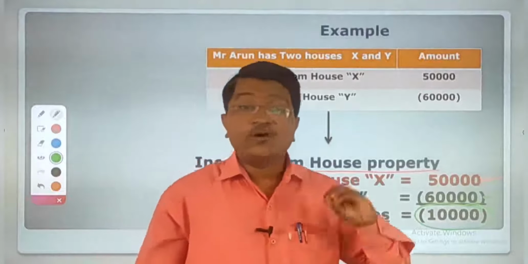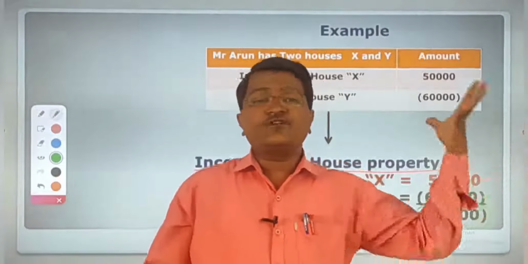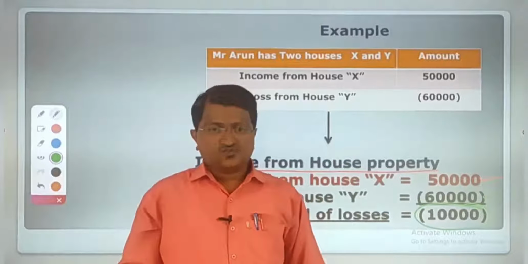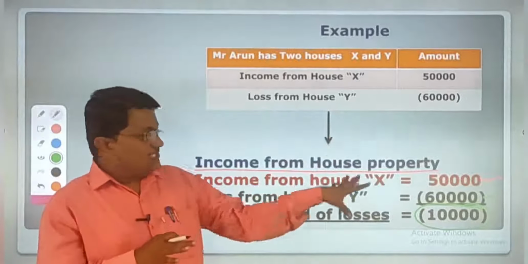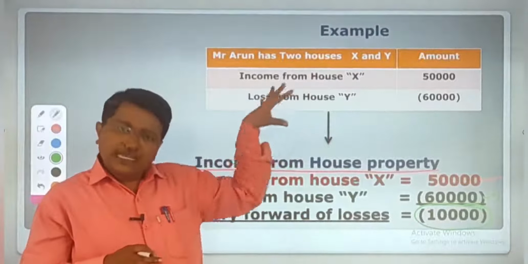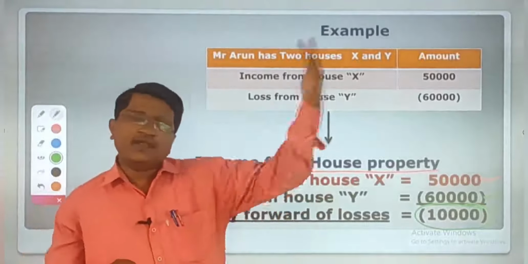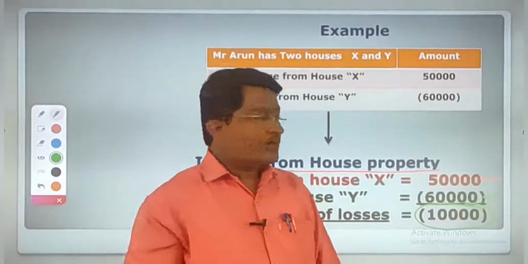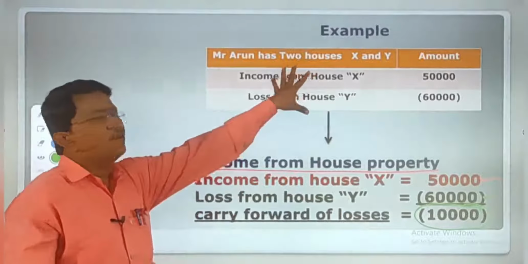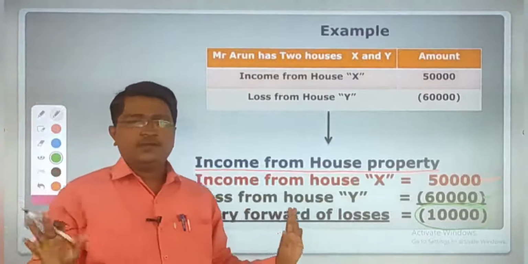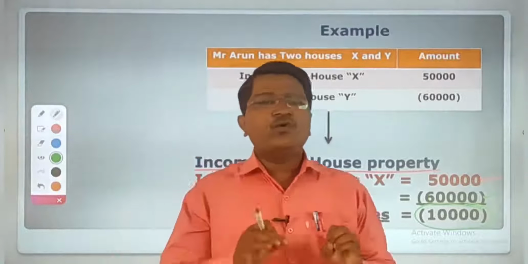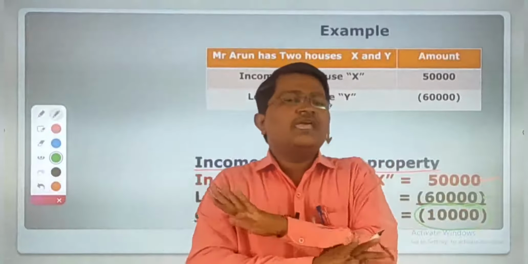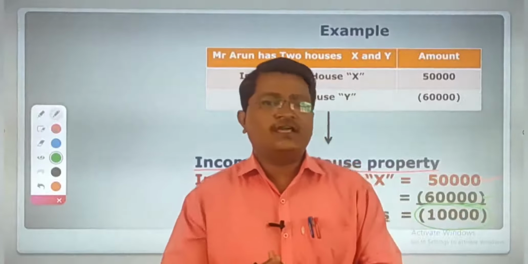And it is not possible to set off with other head also, right? If it is not set off in the inter-source head, then we can set off with other head also. But we have taken the example where he is having only income from house property. This person has only income from house property, he does not have any other kind of income.